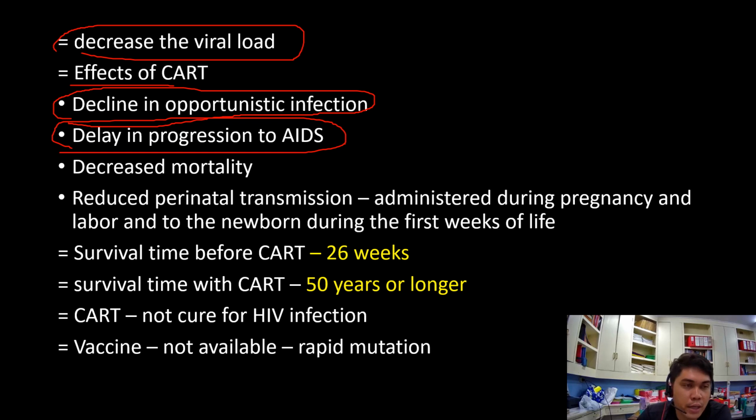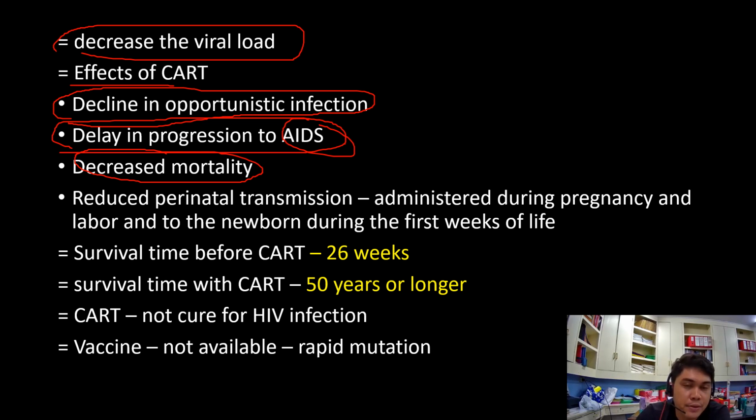Individuals who can afford antiretroviral therapy have a delay in the progression of HIV infection to AIDS, and it also decreases mortality. Because if you have HIV infection at an early stage, then that's not severe. It's not the cause of death. The cause of death is AIDS. And to slow down the progression to AIDS, you need antiretroviral therapy.